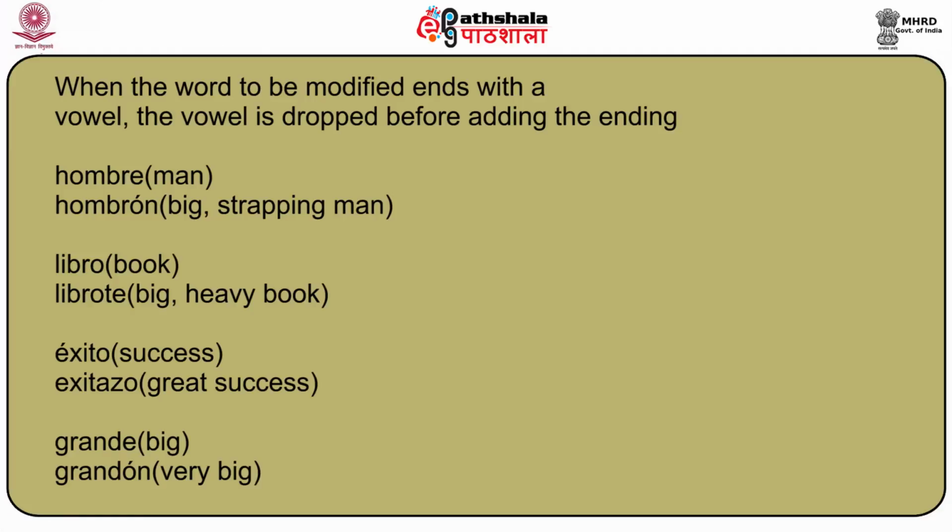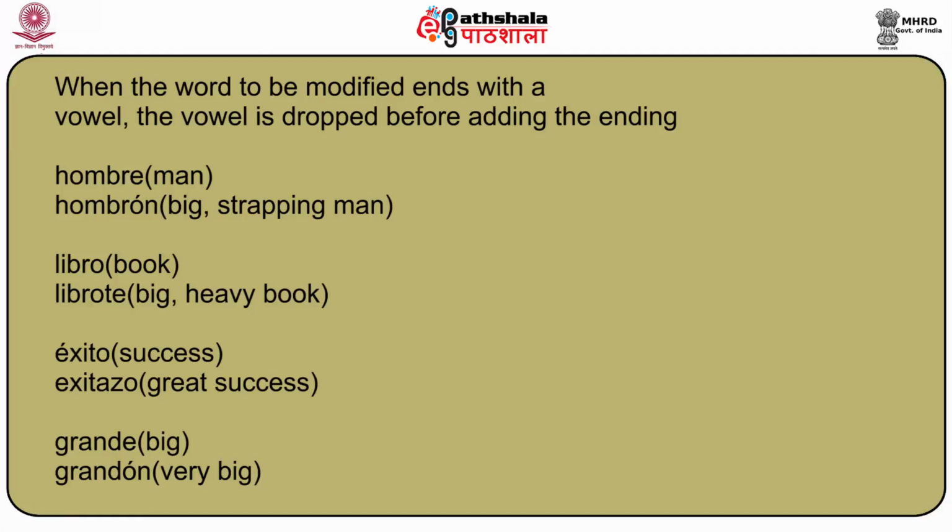Hombre, man, becomes hombrón, big strapping man. Libro, book, becomes librote, big heavy book. We can also see éxito, success, becomes exitazo, great success. Grande, big, becomes grandón, very big.